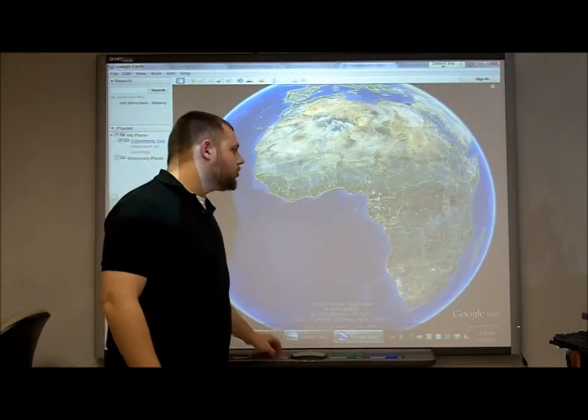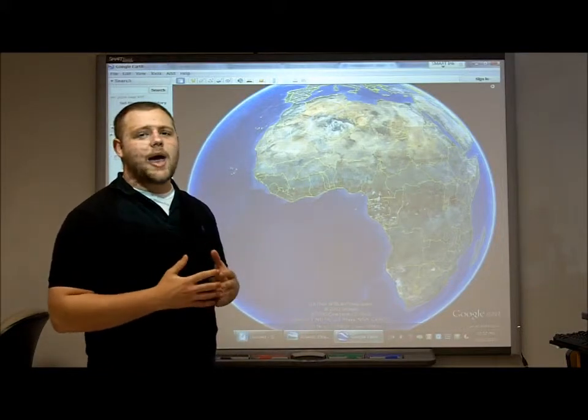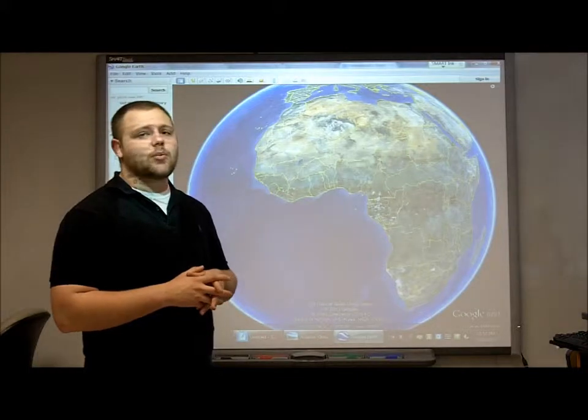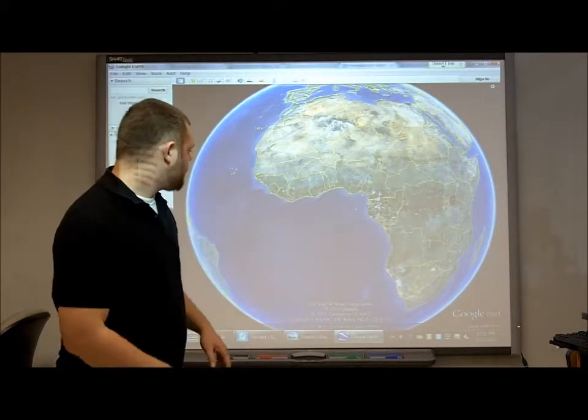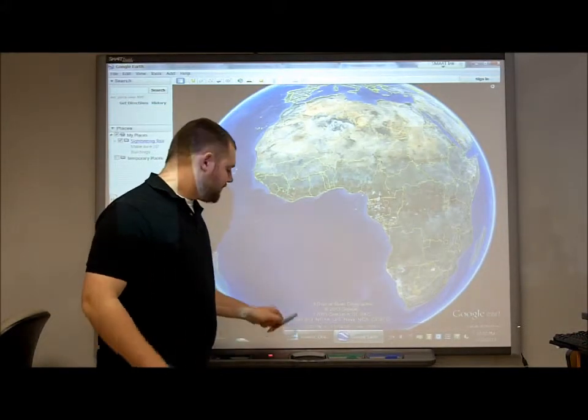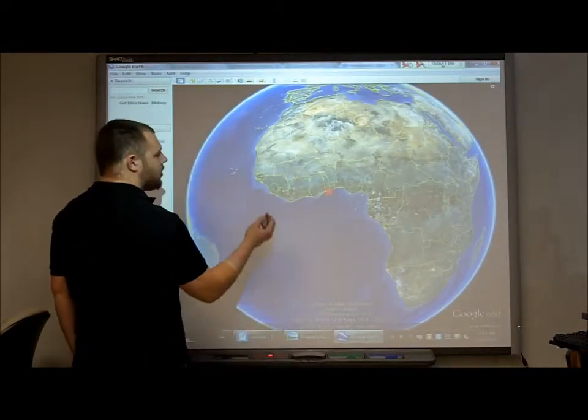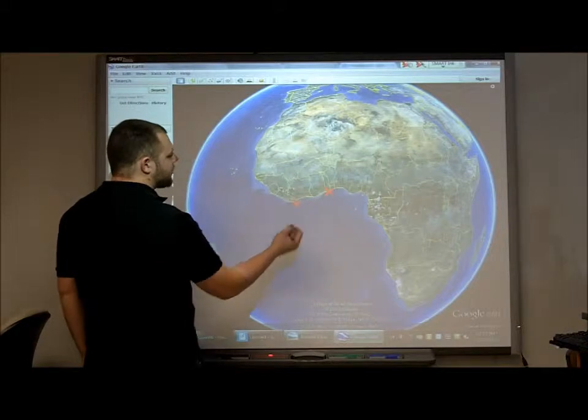For this, I'm using Google Earth to have the students come up and map where the major areas of the slave trade took place. First, we're going to start with where the slaves were captured from. All you have to do is take the pen and mark the major areas where slaves were captured in Africa.